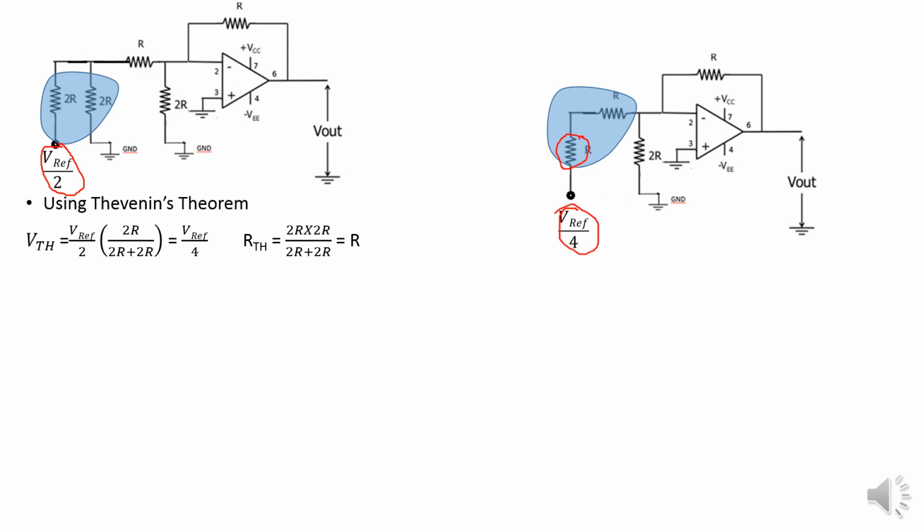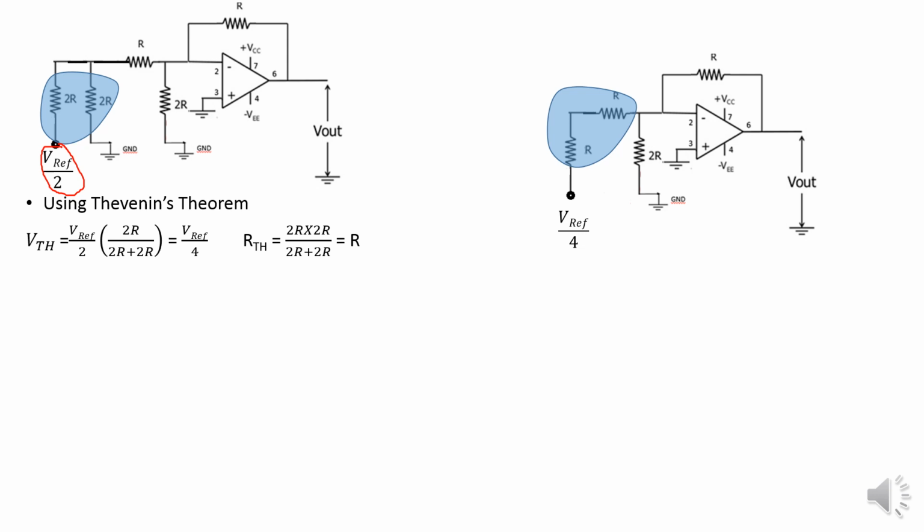Again, the same thing will happen. This circuit again has two resistors in series, which make a 2R resistor in parallel with another 2R resistor connected to ground.